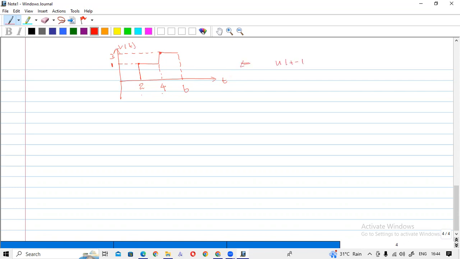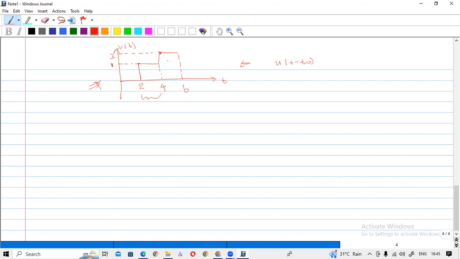shifted unit step functions. As a collection of shifted unit step functions, try to represent this one. So I think now you can do it. This part you can represent using 2 unit step functions. For example, u(t-2) minus u(t-4).